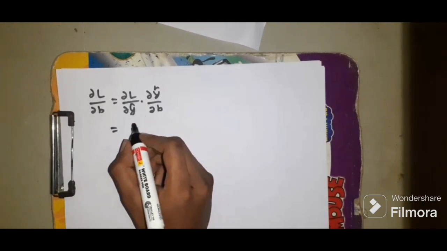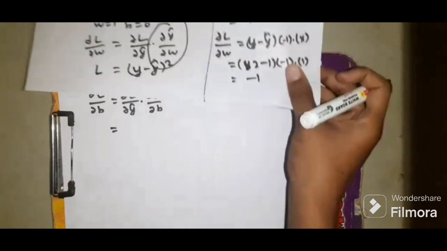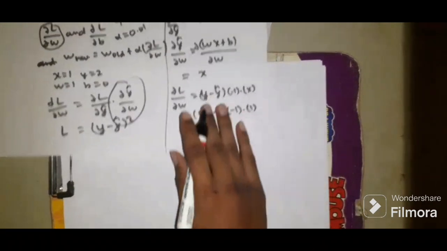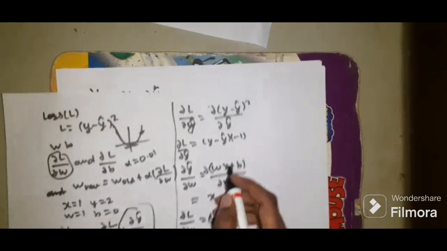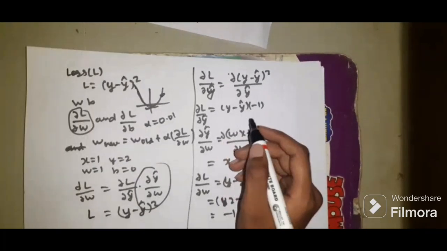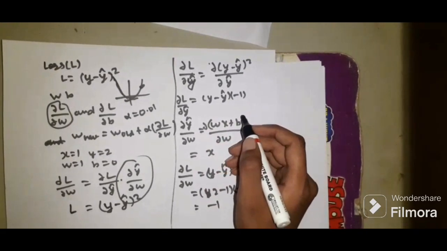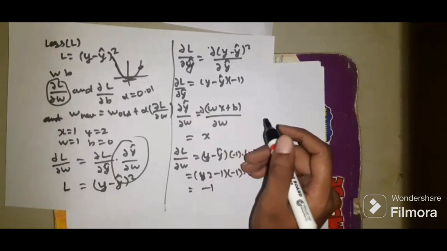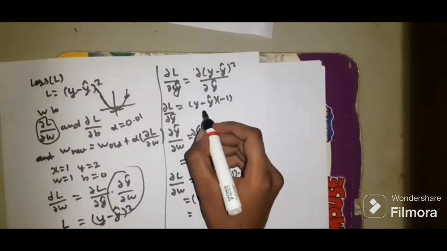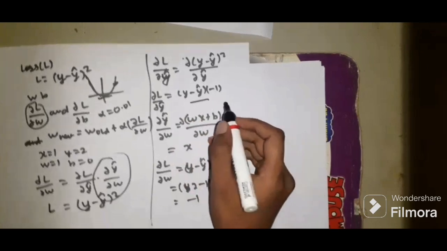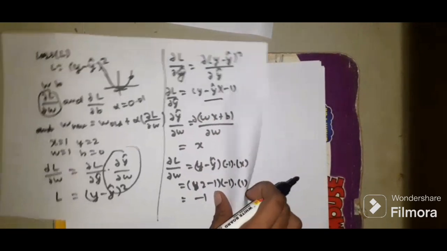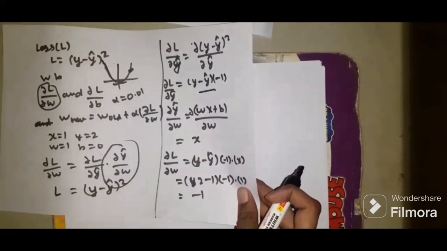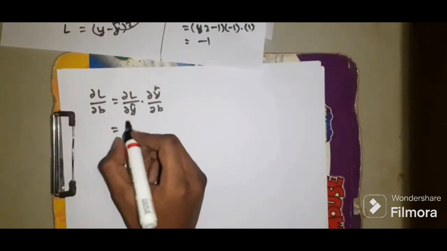The gradient with respect to y hat, we have already found out, is this value, and the value is minus 1.